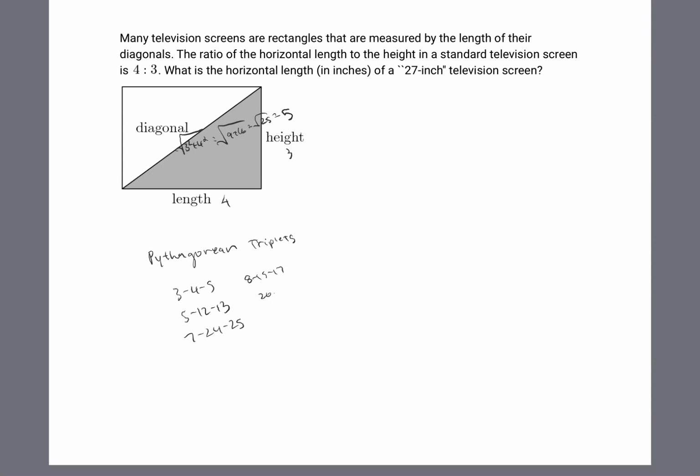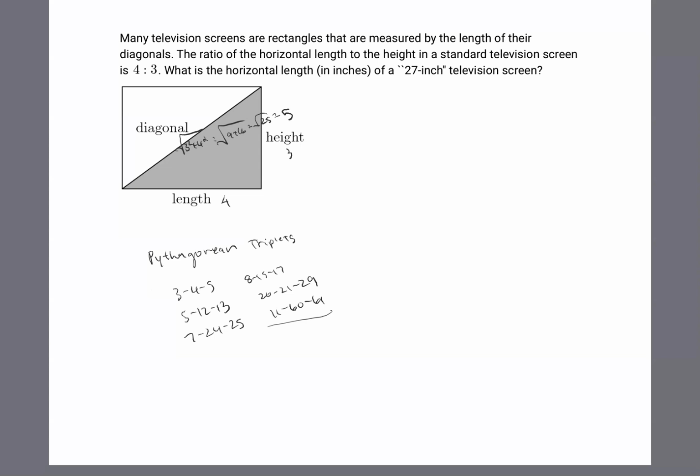Yep, 20, 21, 29, right? So these are triples. Oh, yeah, 11, 60, 61. This is never used. I don't really use this one a lot in competition math. It's mainly these three that are used a lot. But these are common ones.